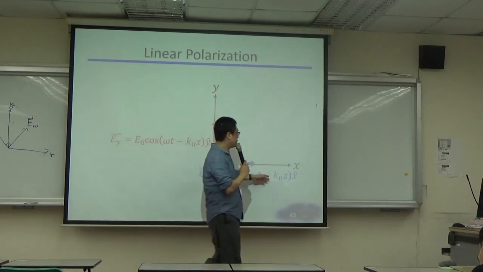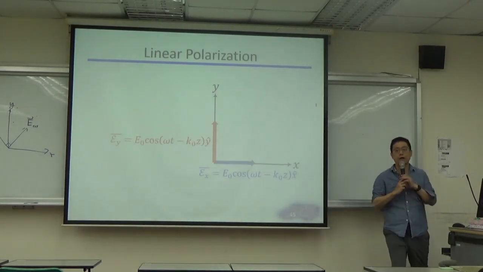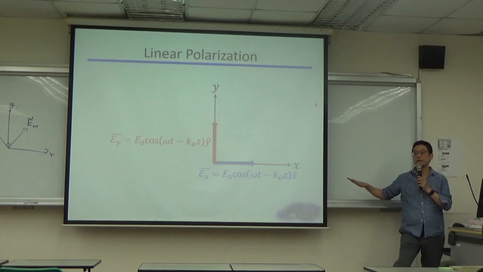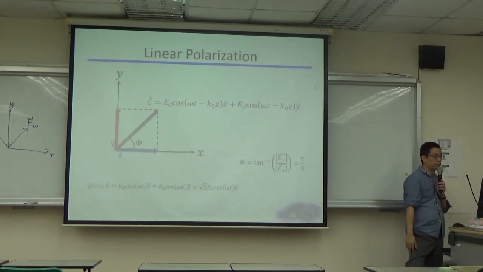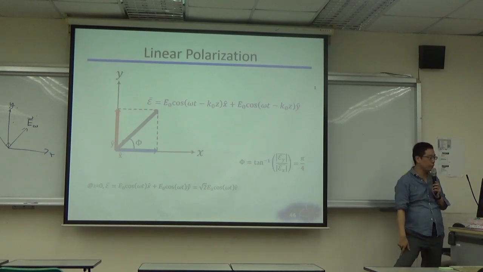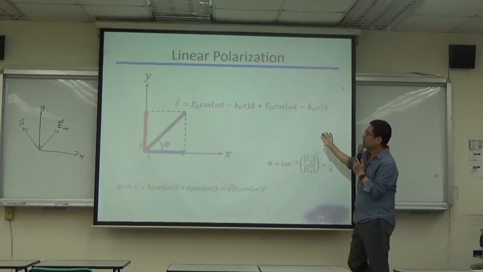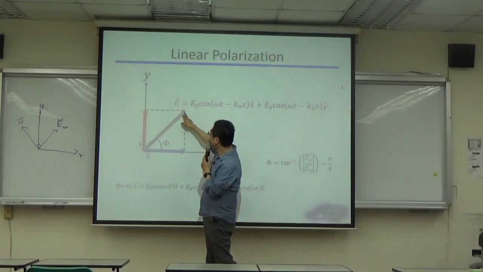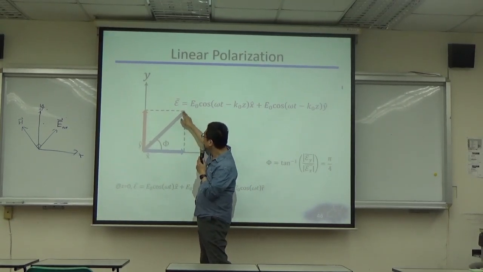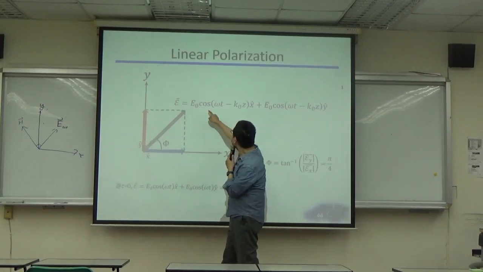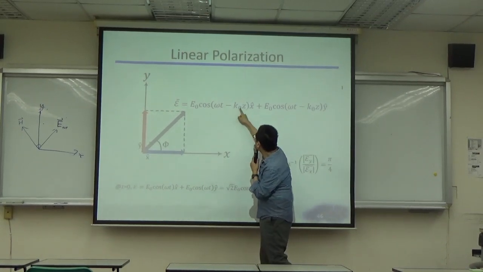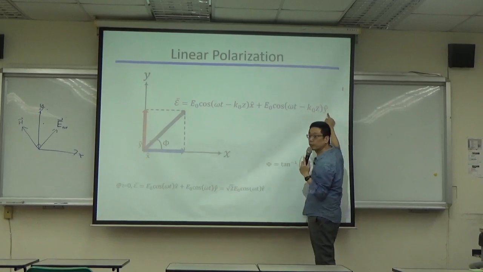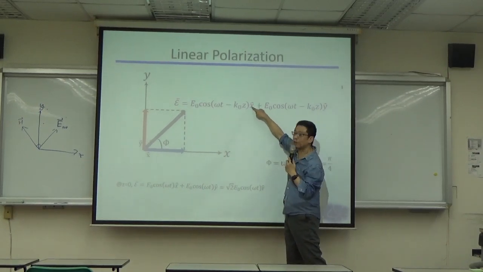What happens if the phases are different? Their phases are different. What happens? This is a linear polarization. Okay, let's just finish the math calculation. The resulting, the final, the combined E field has the direction of X and the direction of Y. This is why we need to write this down, right?